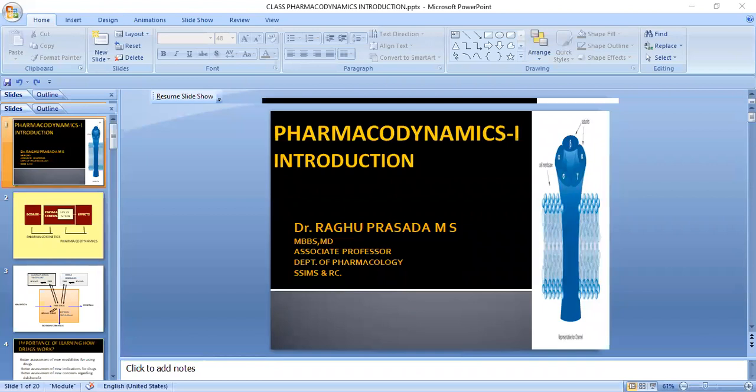Coming to the next concept, receptor binding. What is receptor binding and how does it act? Think of a horizontal line showing that as the concentration of the drug increases, the drug response may increase.